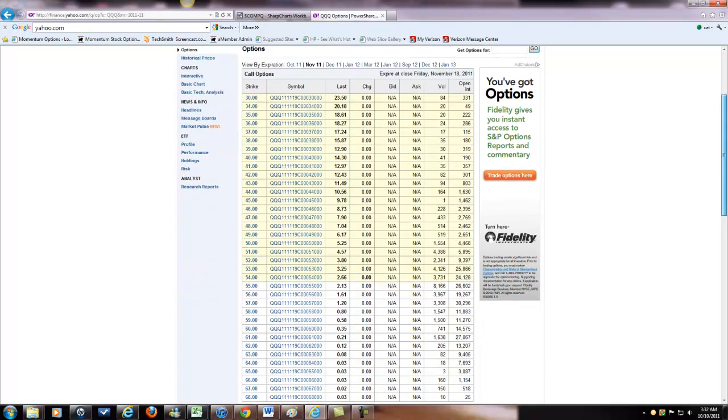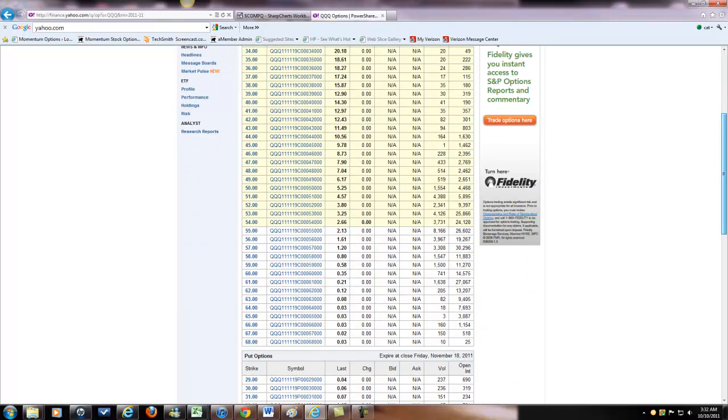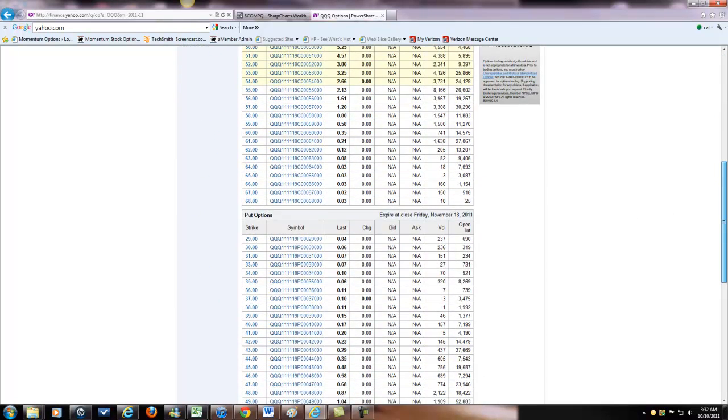Let's see what they're trading at. These are kind of cheap, that we'd be betting on new highs for the year. But let's see, the Qs are at, let's see if I can get back up there. All right, the Qs are at 54, so a run back to 58.